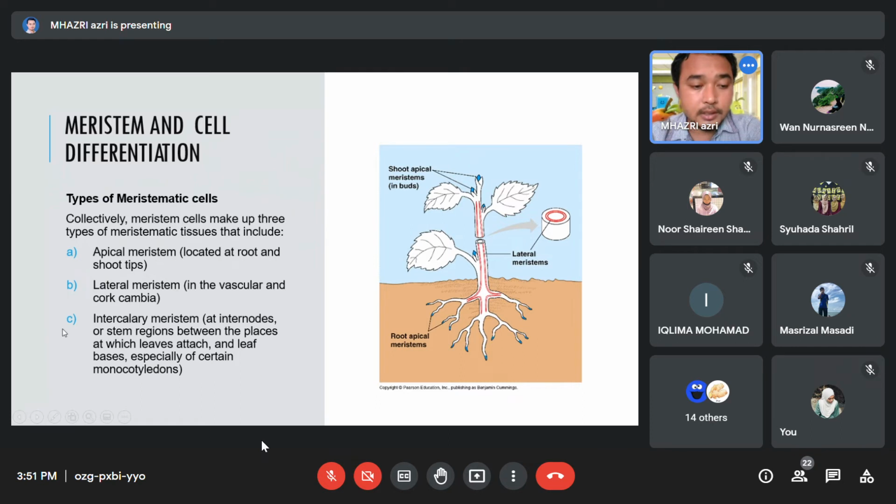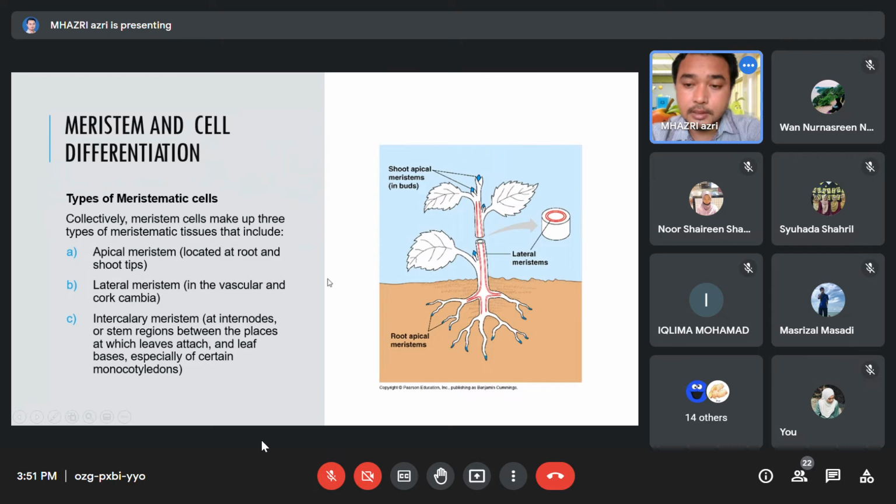And plants also contain intercalary meristems. These meristematic tissues are located at internodes, or stem regions between the place at which leaves attach and the leaf bases, especially of certain monocotyledons.